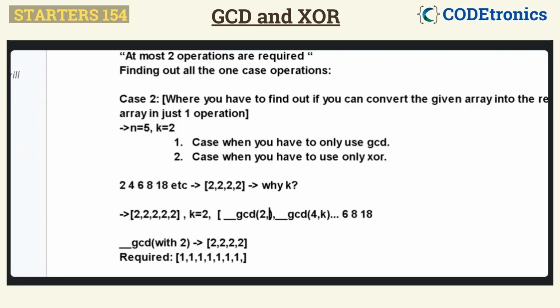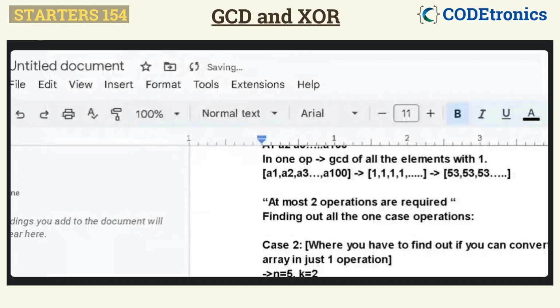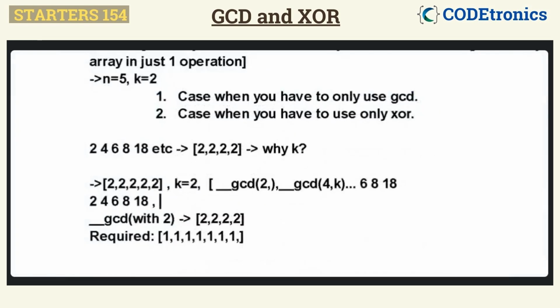I'll just dry run things for you. For this array, if I use any x, let's say equal to 8, what will be the answer? GCD will be 2, 4, 6, 8, and 2. This is not equal to 2, 2, 2, 2, 2. And why did this happen? Because we chose a bad X. We did not choose the right thing that was needed.